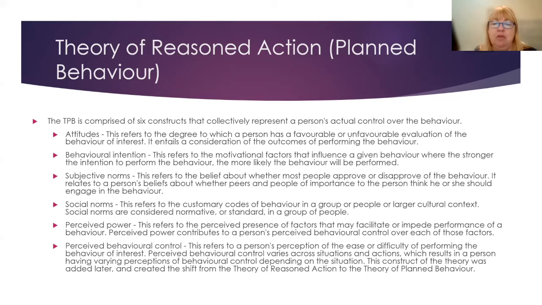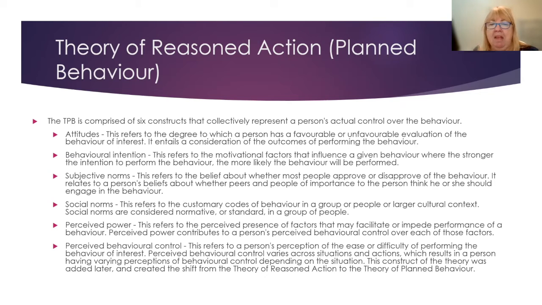So there are subjective norms and social norms. Subjective norms are my view on what is the accepted type of behavior. Social norms are society's view on the accepted types of behavior. And sometimes it's important whether those two things tie together.